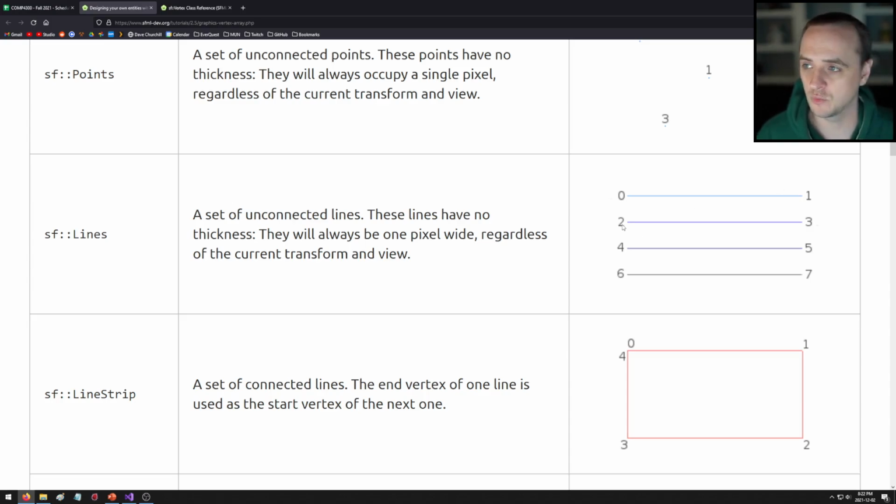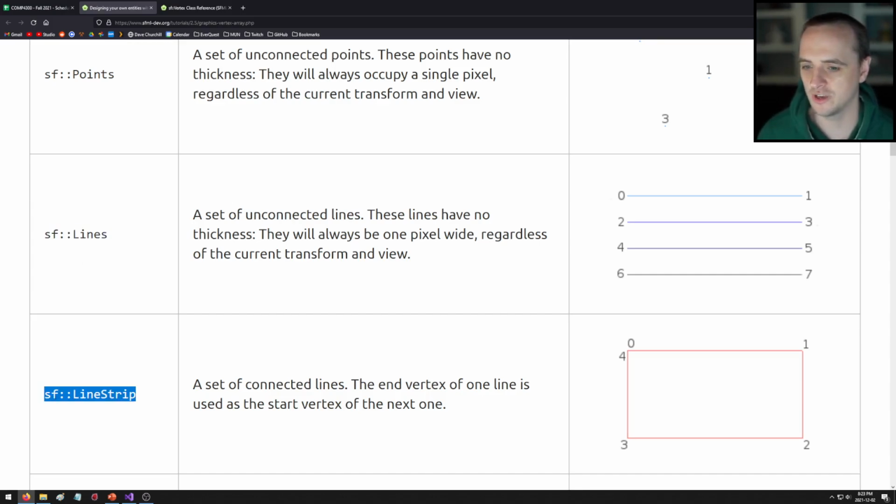The second line will be vertex 2 to 3. The third will be 4 to 5, and the fourth will be 6 to 7. So see how that works? If your primitive has 2 endpoints, then the first 2 vertices will be the first one, the second 2 vertices will be the second one, and so on. All right, so that's for different lines.